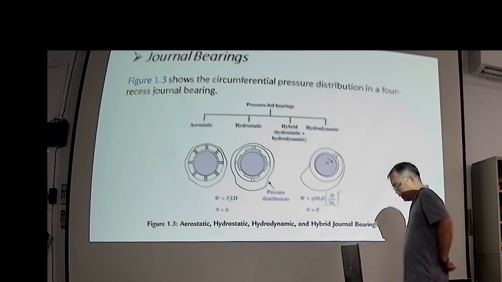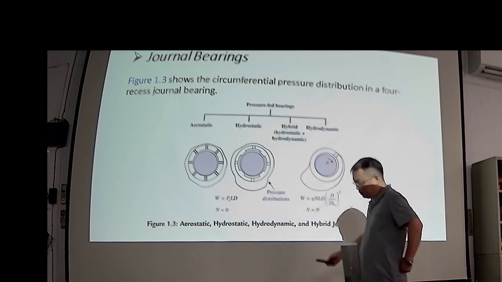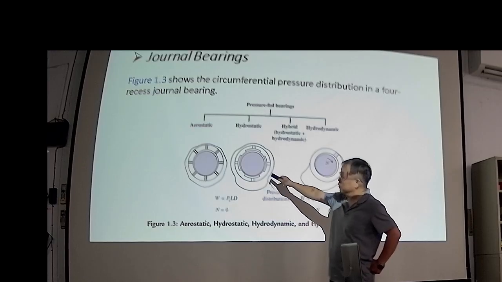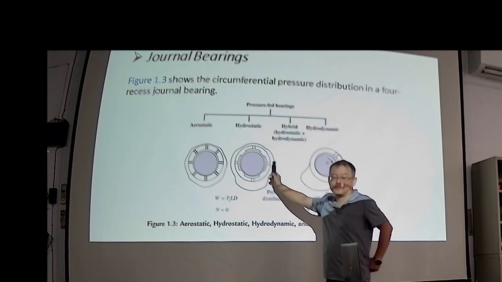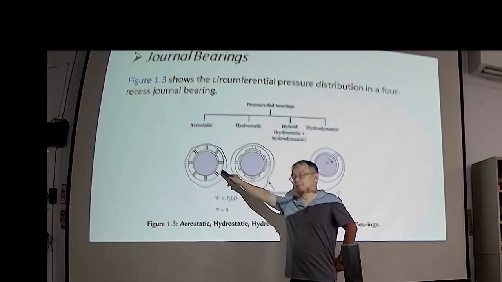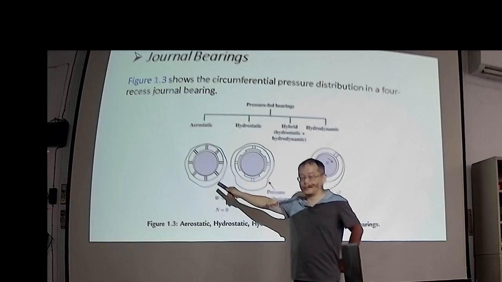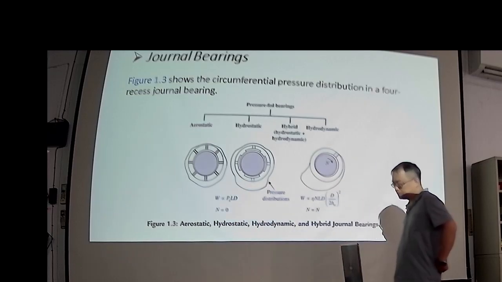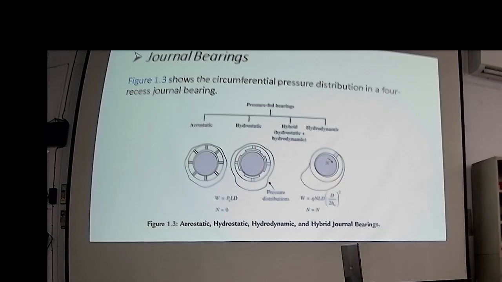In most cases, for the oil hydrostatic bearing, you have a recess design. For the air bearing, there is no recess design for the journal bearing. Okay, this is the difference between the oil hydrostatic bearing and the air bearing, or aerostatic bearing.